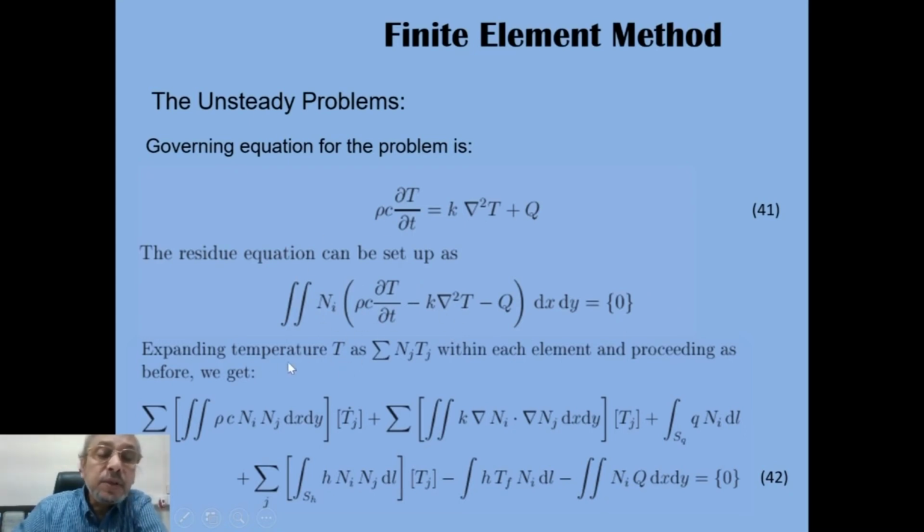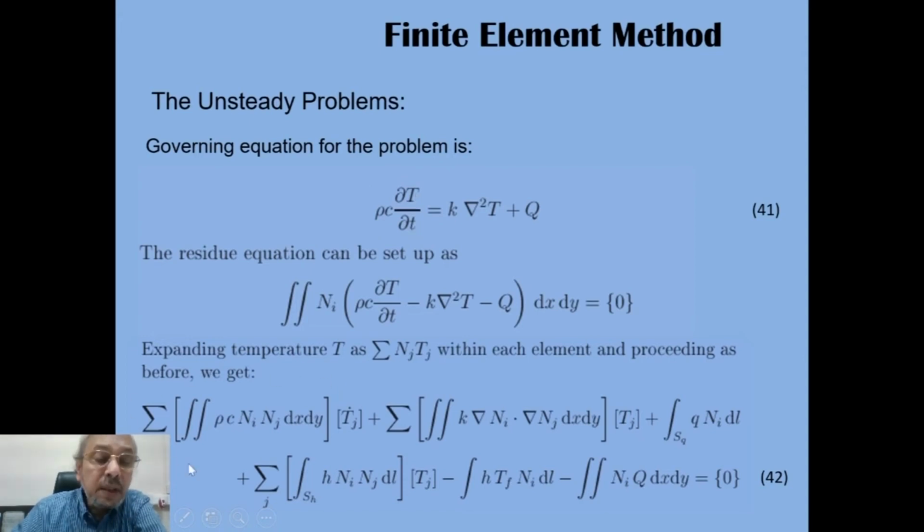So expanding temperature as N_j T_j within each element, just the way we did in the earlier steady state conduction case, we can see all the terms are again coming. The only additional term arises out of the unsteady term, that is rho c del temperature del t.